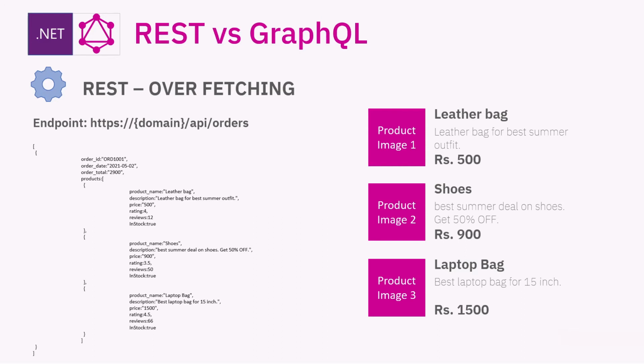But in the products array we are also fetching other information like reviews, rating and in stock. In stock is logical, so it is fine, but rating and reviews are two extra properties which are not required at this stage.